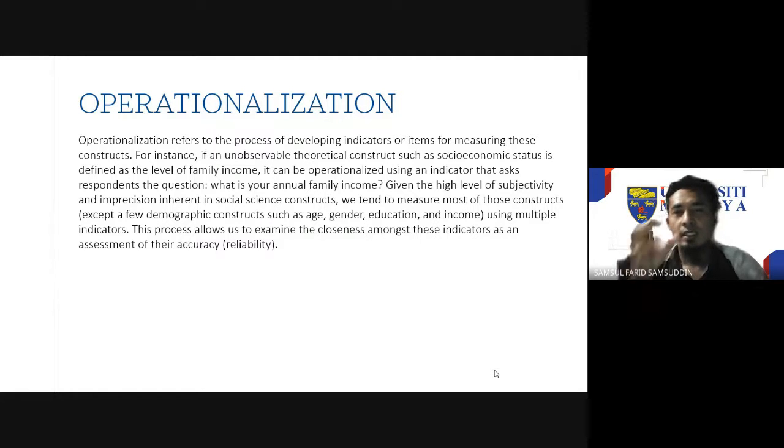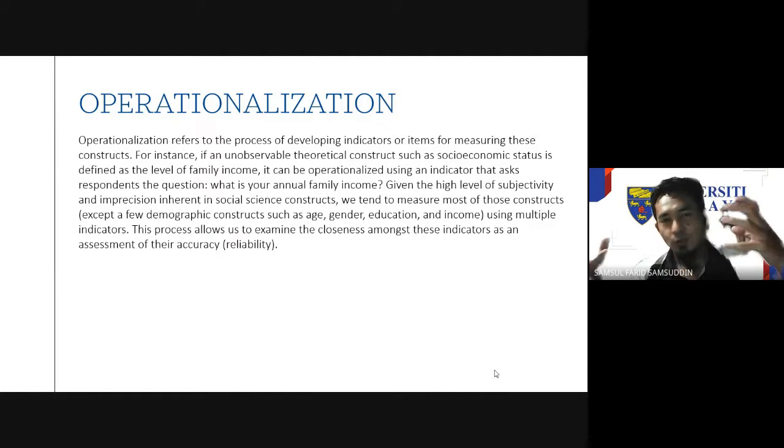Socio-economic status related to family income. It can be operationalized using an indicator that asks the respondent the question, what is your annual family income? Okay, clearly we know the answers will reflect the socio-economic status.